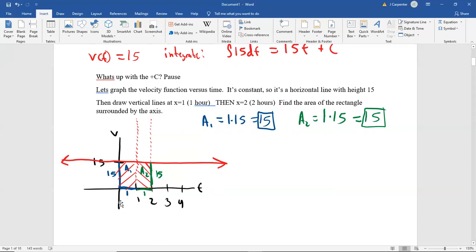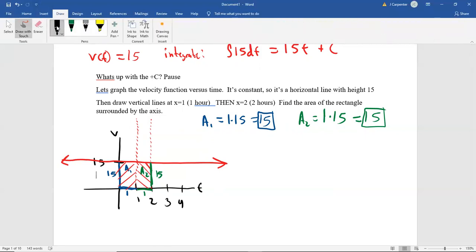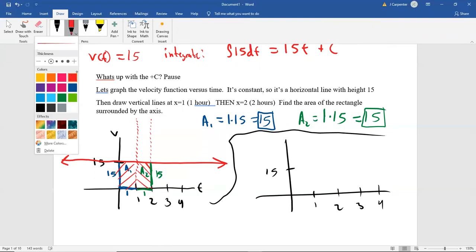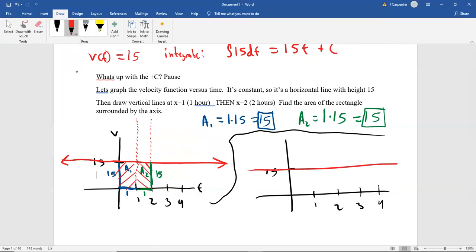Now let's do the whole thing. Let's go from 0 to 2. So I'm going to redraw everything. So here's the function at a height of 15 to represent our speed of 15 miles an hour.